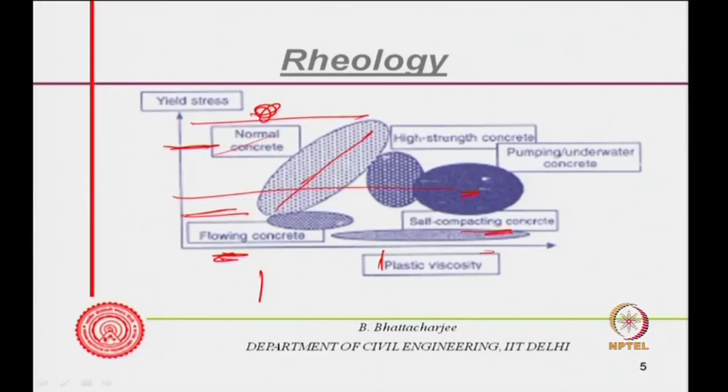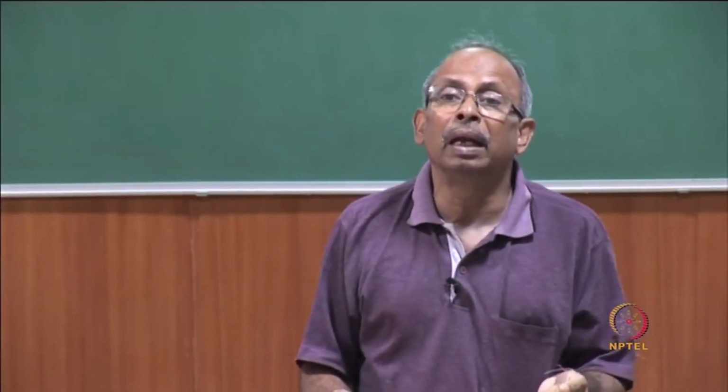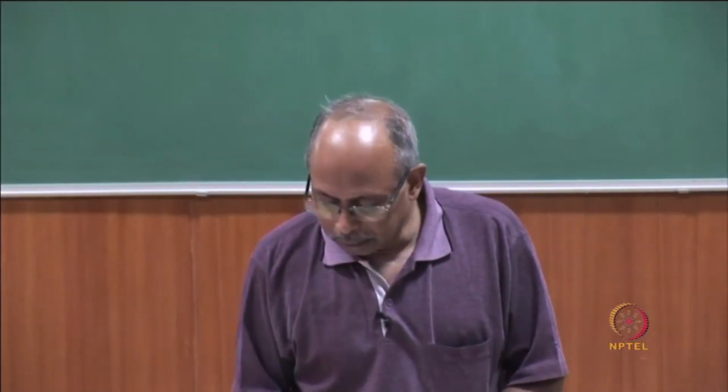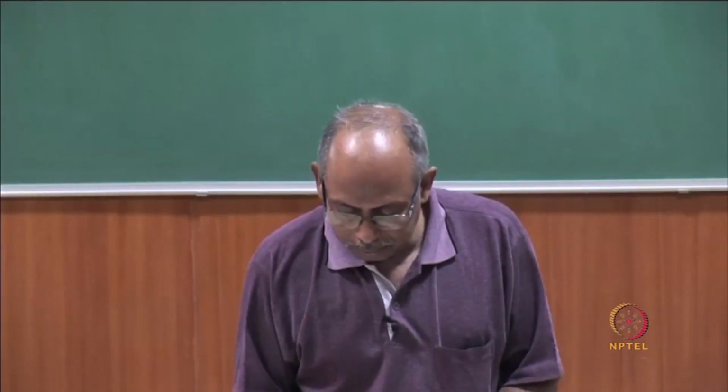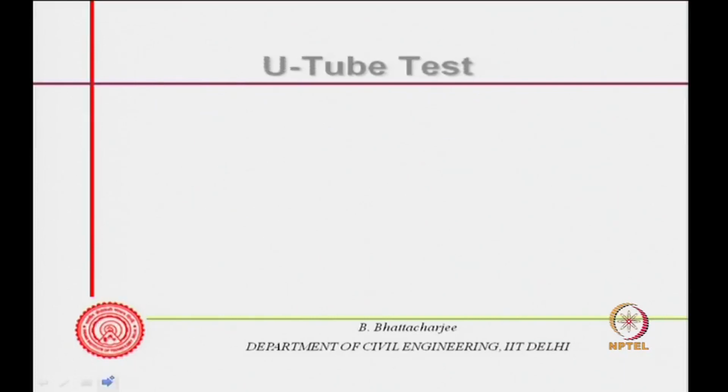Now self compacting concrete is somewhere here, flowing concrete. So, very little yield shear stress and viscosity ranges from here to there. That is where self compacting concrete's location is in the rheological scenario, should have very little yield shear stress, should flow straight away. So, it lies here somewhere.